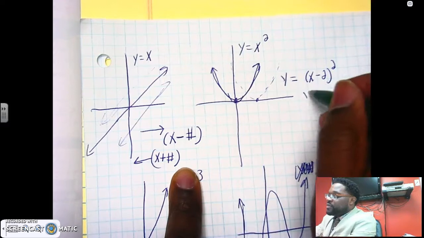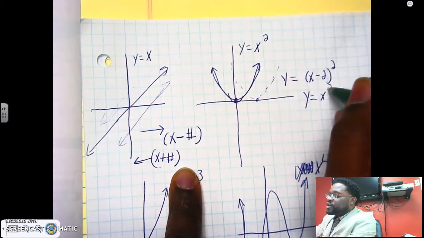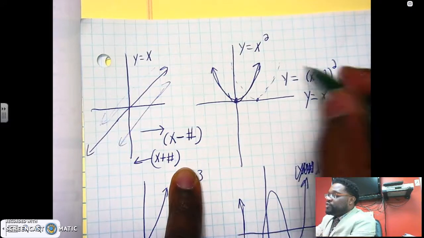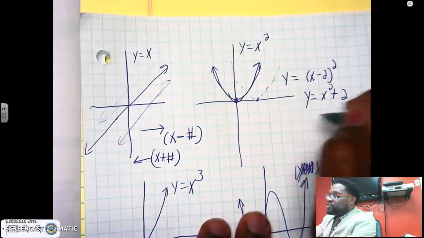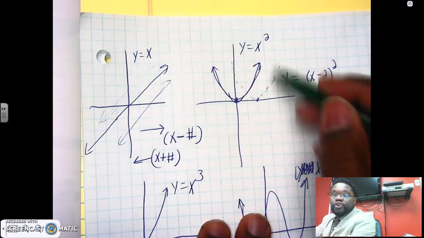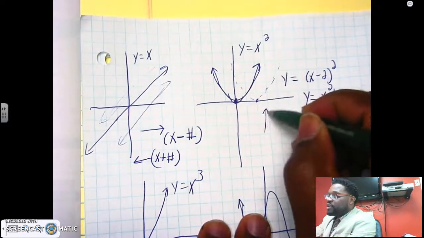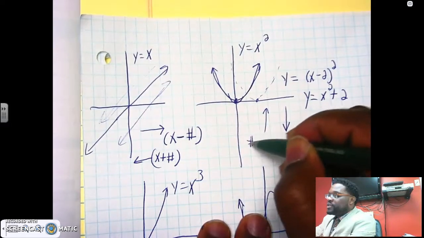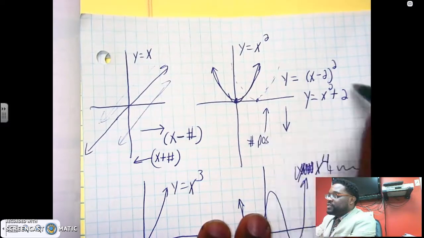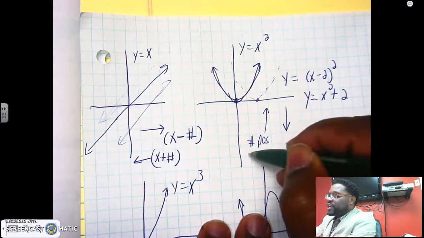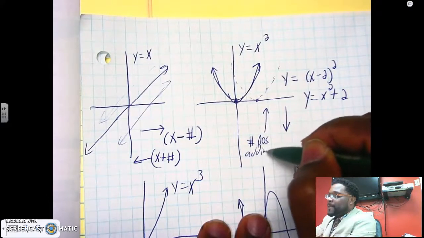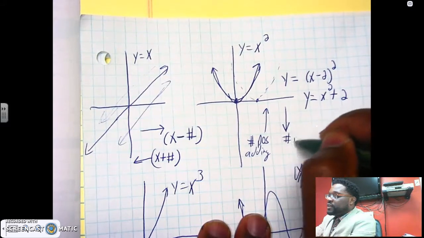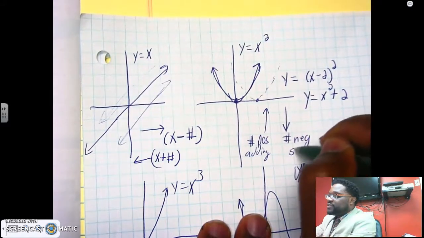Now, if I said y equals x squared plus 2, when you do adding or subtracting, that's going to move your parent graph up or down. Up if the number is positive that you're adding, and down if you are subtracting or the number is negative.